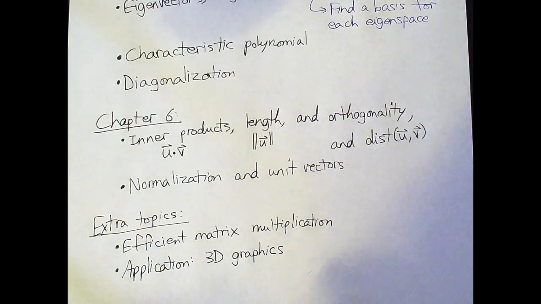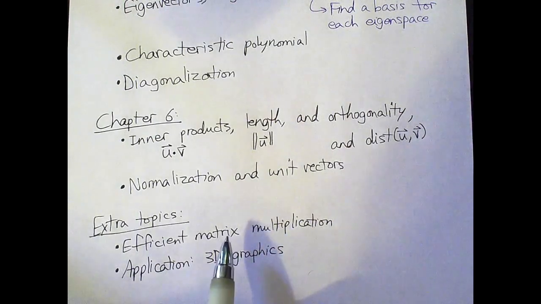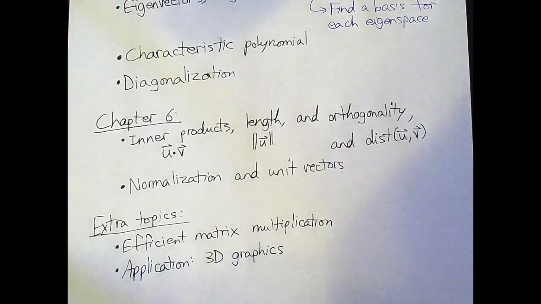Things like that. I'm not going to ask you to memorize Strassen's algorithm or Lauterman's algorithm, and I'm not going to ask you trivia about what year was Strassen's algorithm or anything like that. It's not about every little detail. It's about the broad concepts.